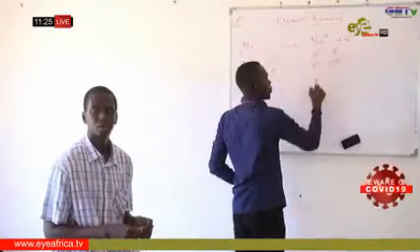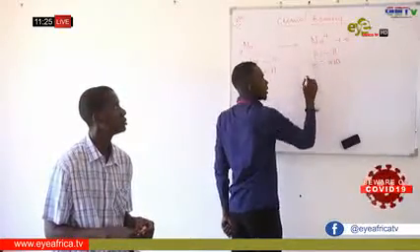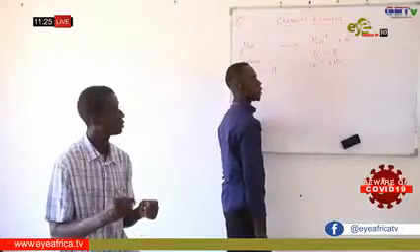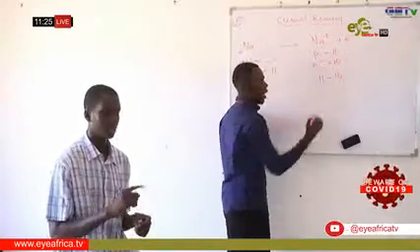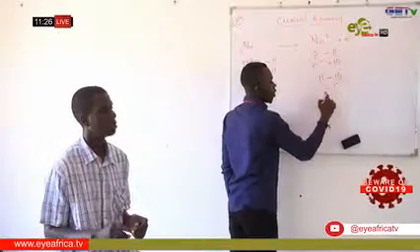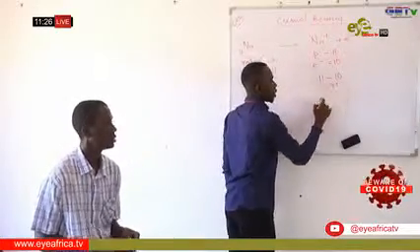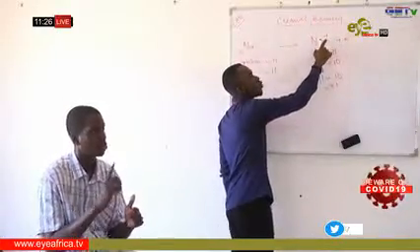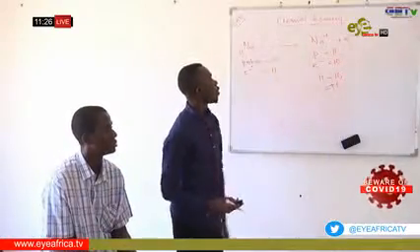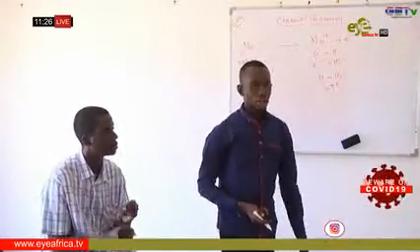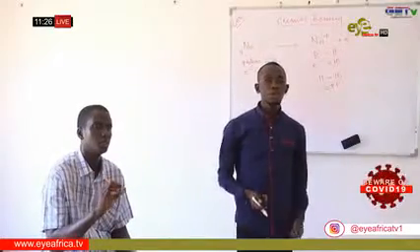Or you can say, since the electron is negatively charged and the protons are positively charged, you can simply say 11 minus 10, and at the end you will have 1, but this one is positive 1. That's why the charge of sodium here is plus 1. That is the formation of cations.